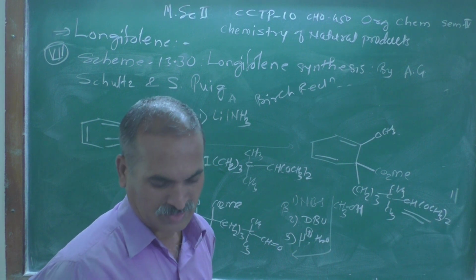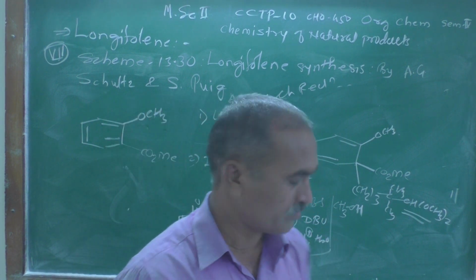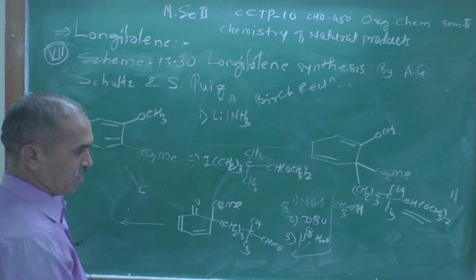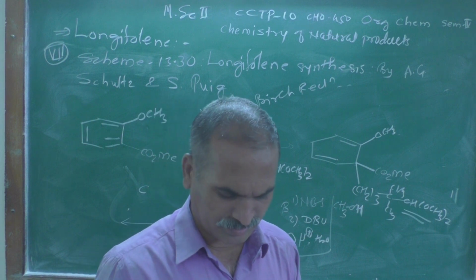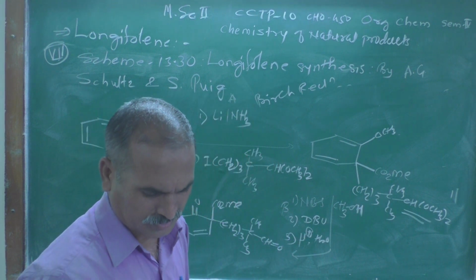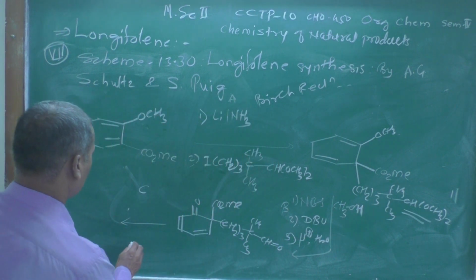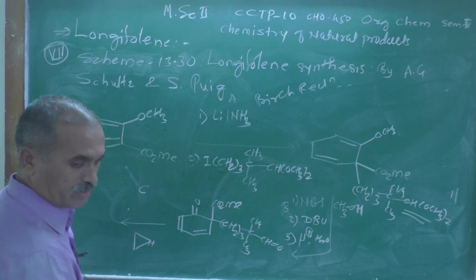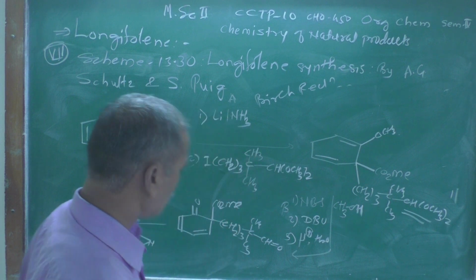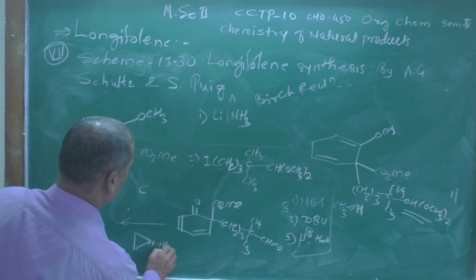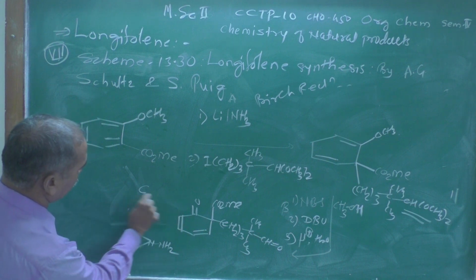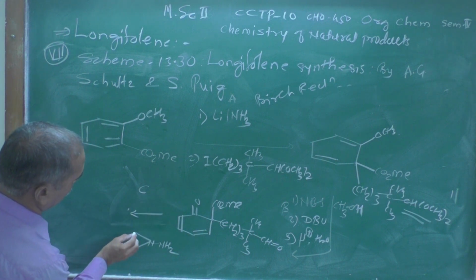And now this compound is further treated with the C reagent, and the C reagent will be this one. This is a compound which I am writing over here, N, then NH2. Here let me show this arrow over here.